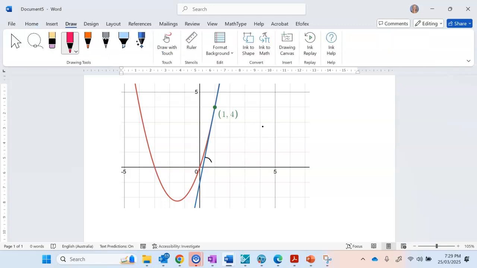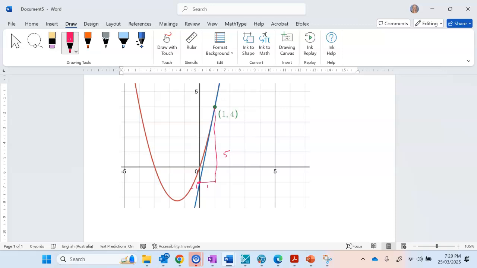We want this angle here. So we can think about this point here, we're going rise over run. This point here looks like it's -1, so we've gone up 5 and across 1.